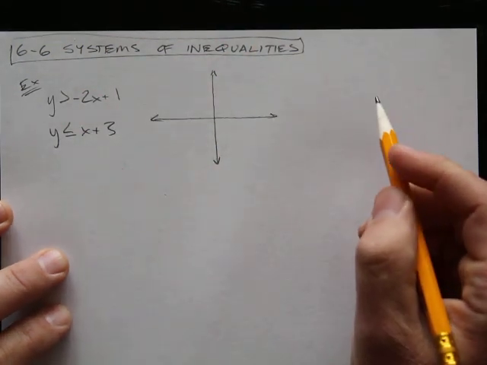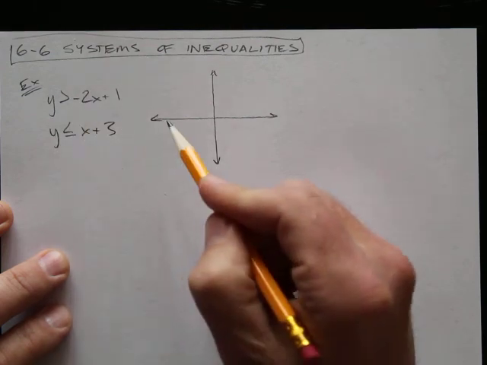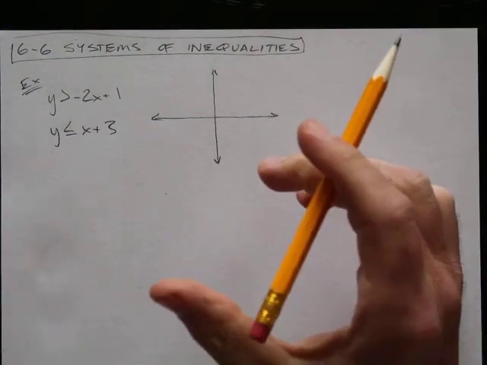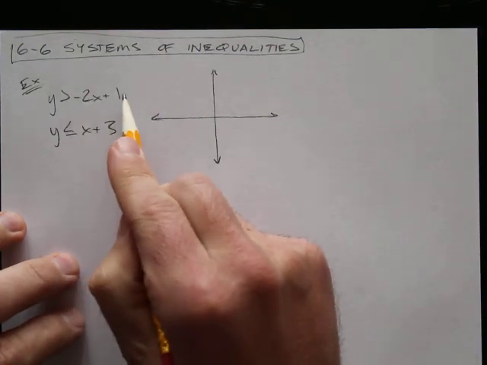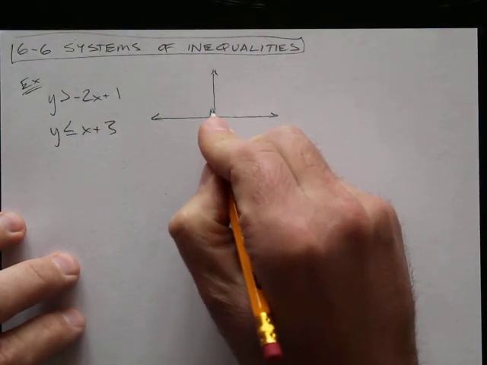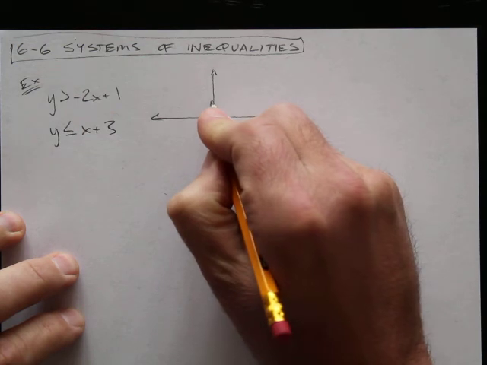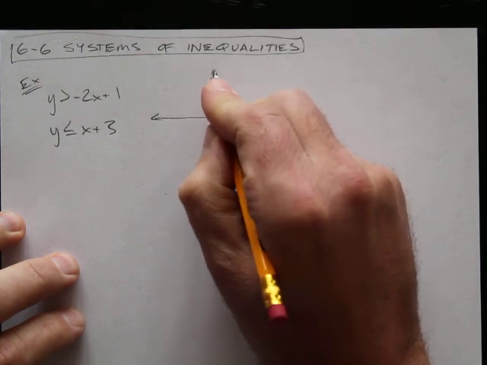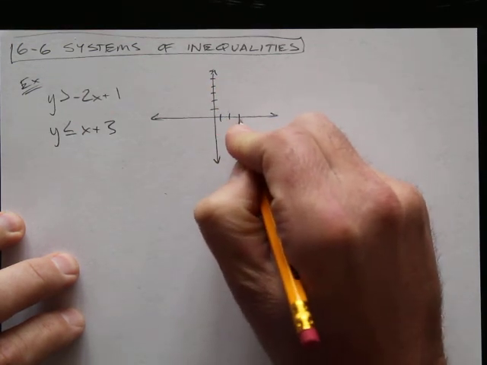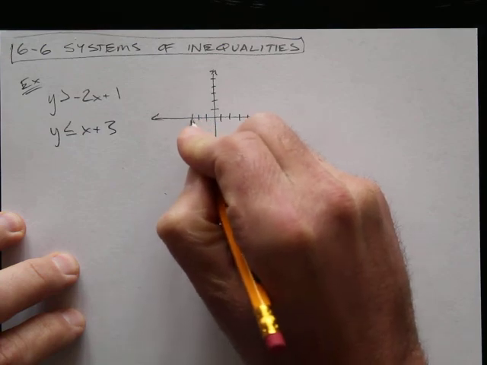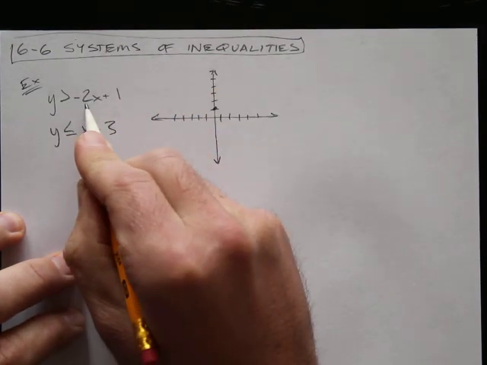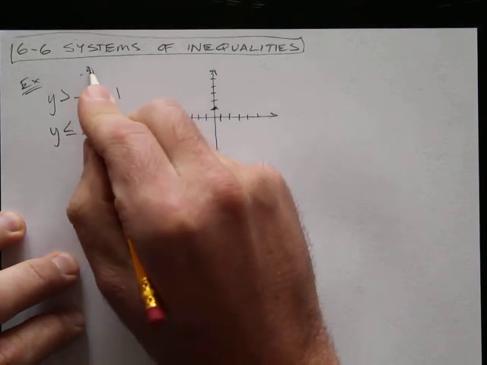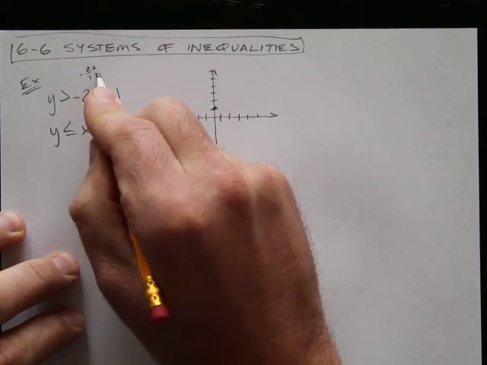So here's how we do this. First, we graph both of these lines. So let's see, for this one, we start at 1. Let's just make a few points here. So 1, and then my slope here is -2/1, so I go down 2 to the right 1.